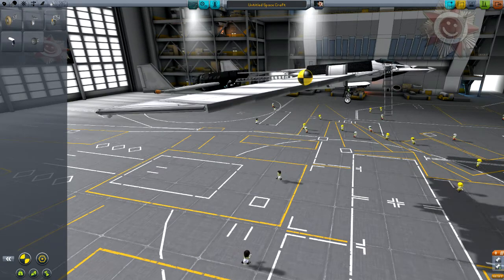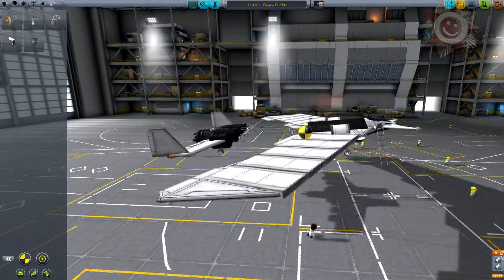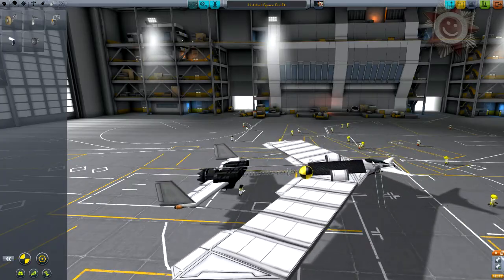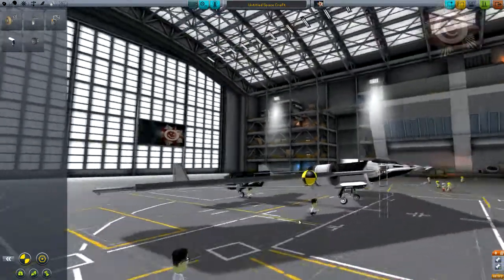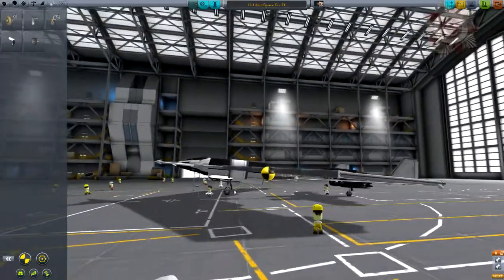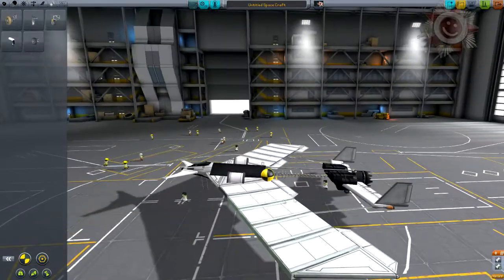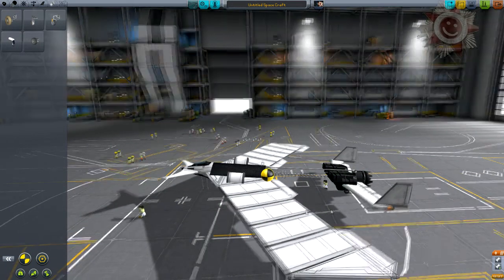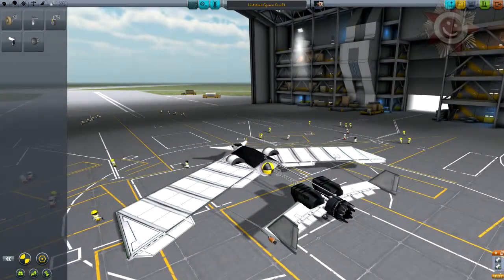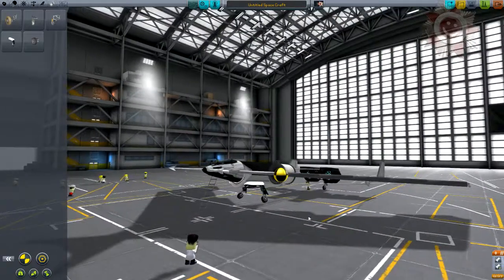The plane will sit on the runway almost like this. It means that it has angle of attack on the wings right away. So when we throttle up, the plane starts to move forward. It has some lift already when it's moving really slow.